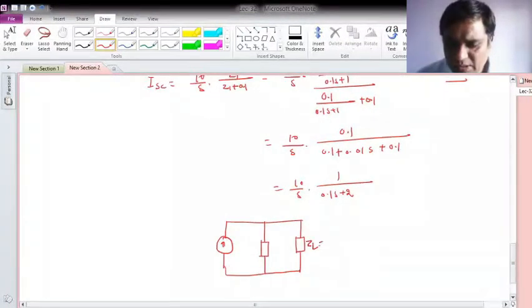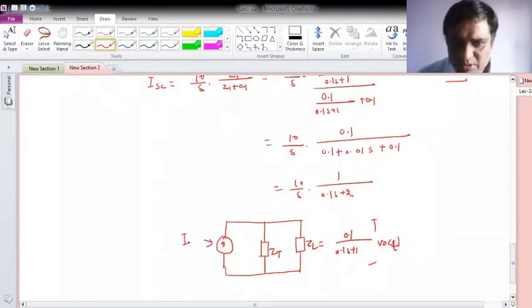So here ZL is 0.1 over 0.1 S plus 1, and this is the voltage I have to obtain, V0 of t. This is ZT, and this is my short circuit current, or Norton's current.